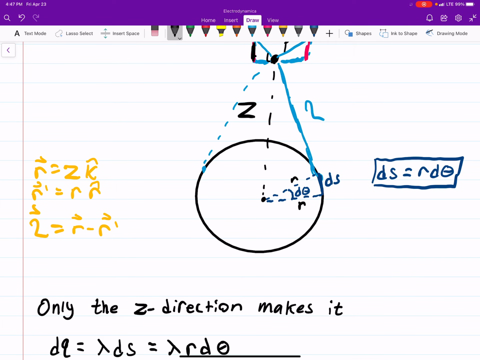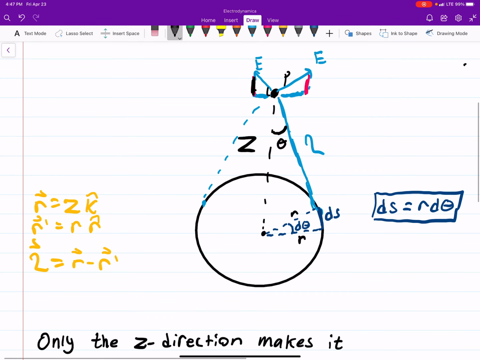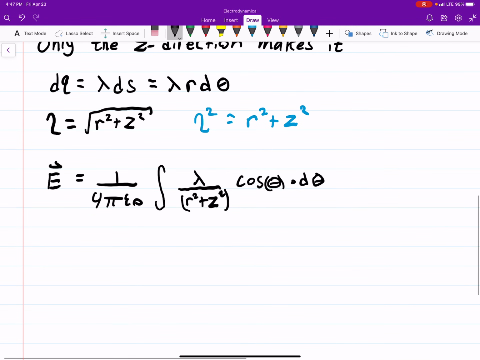So if we look at the triangle down here, let's call this theta. So we want that part there. So cosine theta is going to be equal to your adjacent over your hypotenuse.